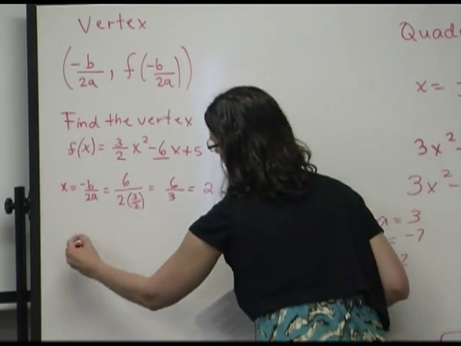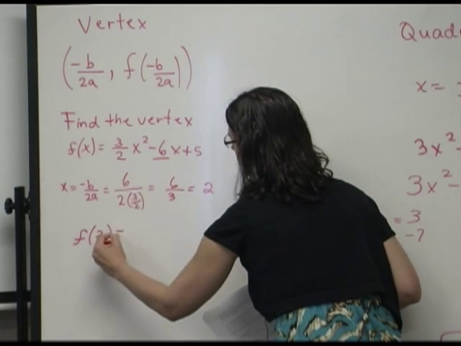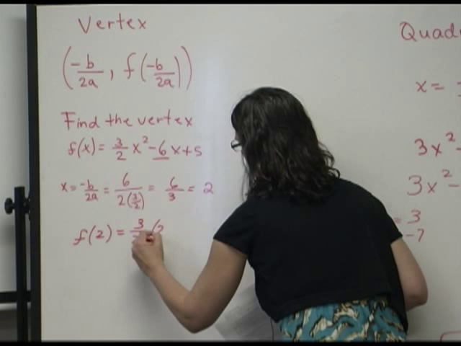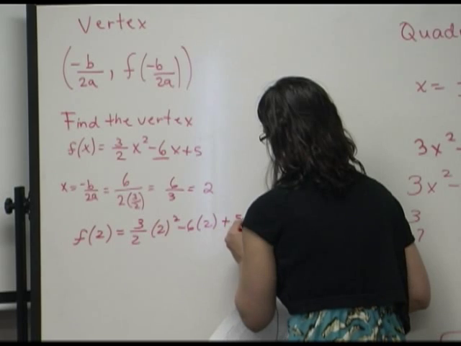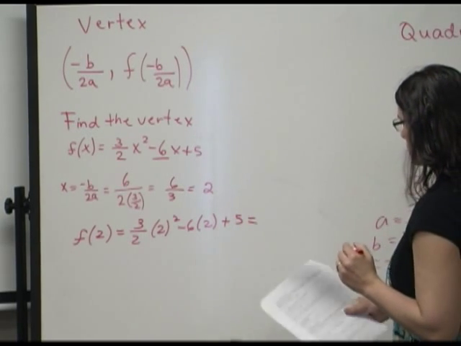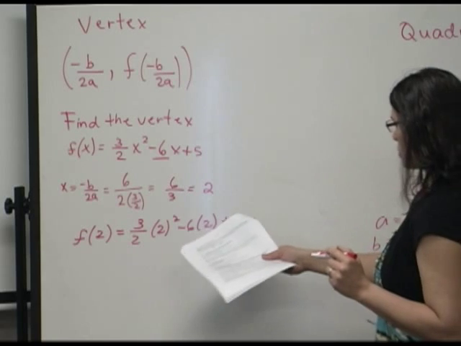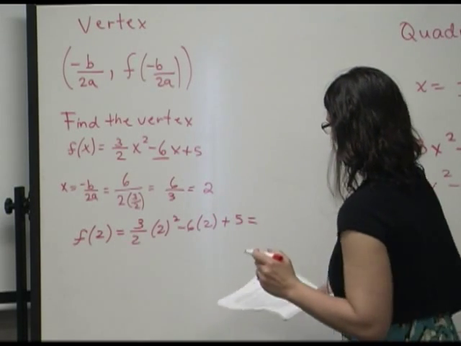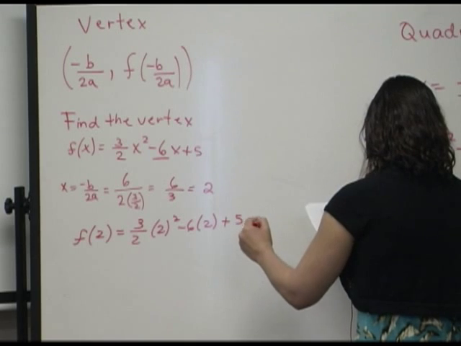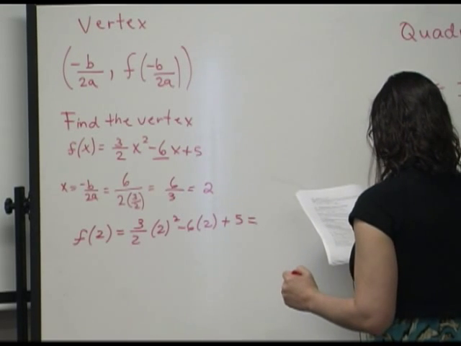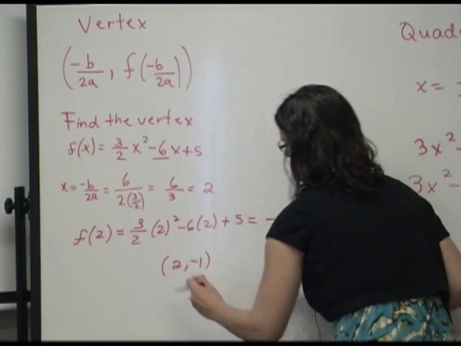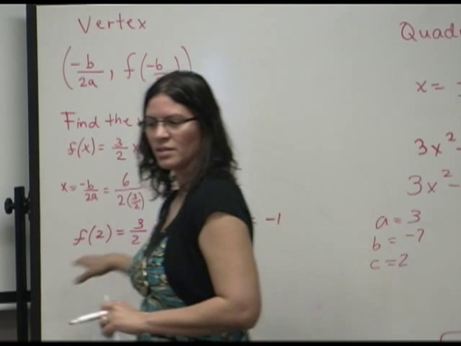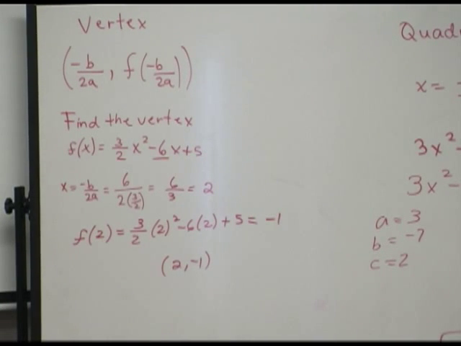Plug it in, right? That's 2. Oh, I got it right here. Negative 1. You do that in your calculator, right? You don't have to do it in your brain, in your mind. You just do it in the calculator.